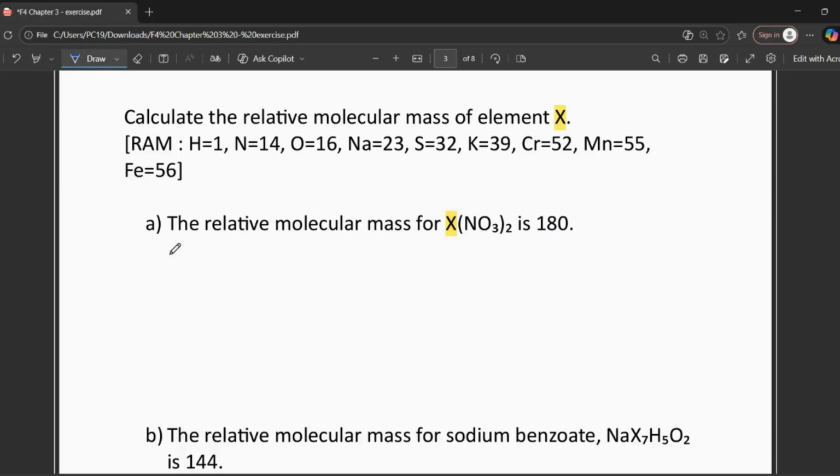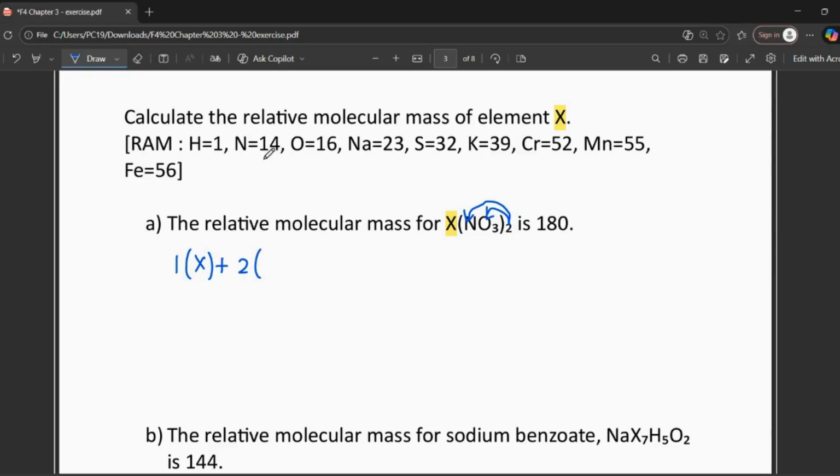To solve this question, we're going to start by rewriting the mathematical equation. So we have one atom of X. So it's going to be 1 bracket X plus, we have to times these two inside with both of the values. It's going to be 2 atoms of nitrogen.